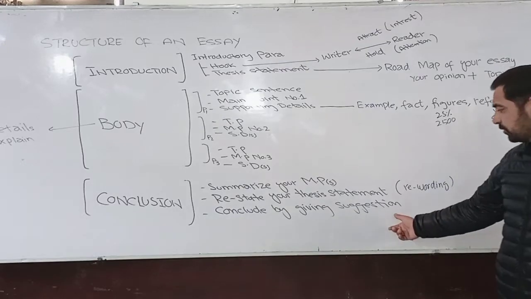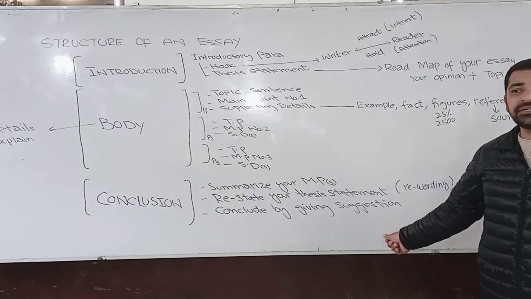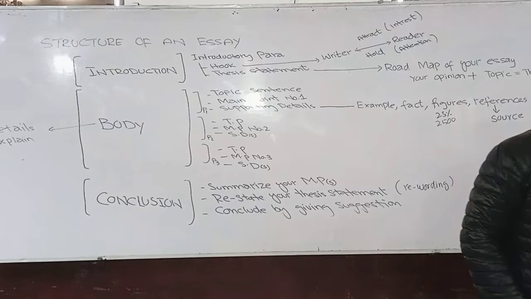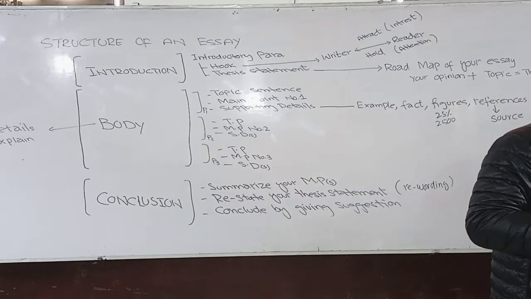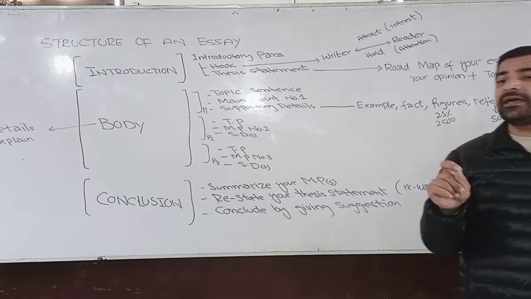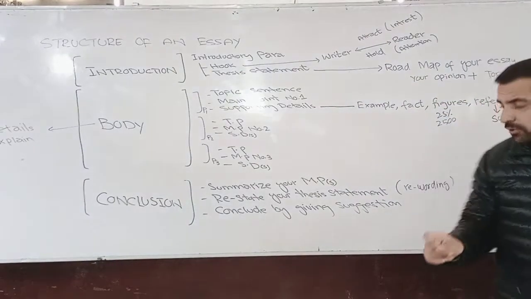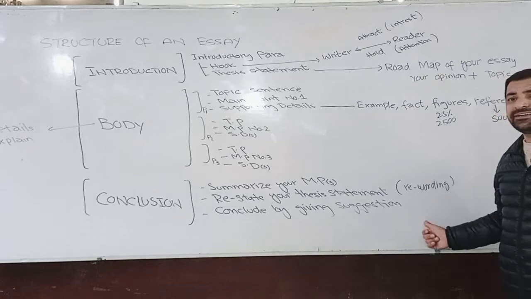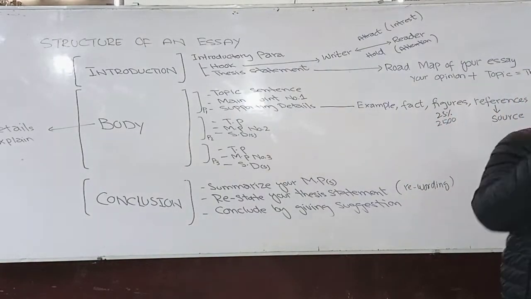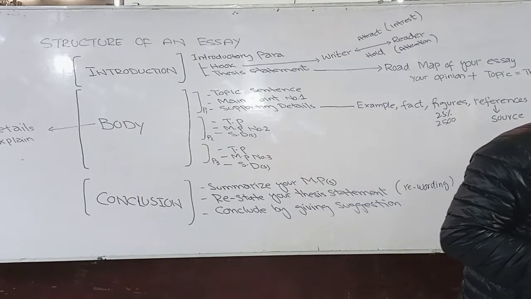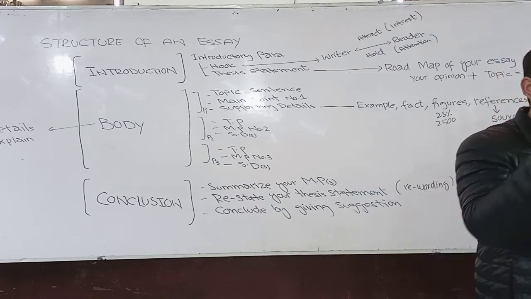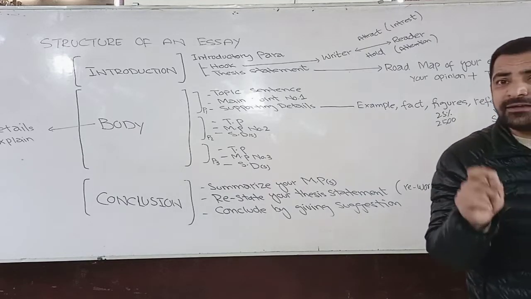So you could pose a question in the end, letting the reader think about what you are saying. Engage them in a thinking process. So that is called the final impression. You could finally conclude your essay by posing a question to the reader and let them think or find the answer.